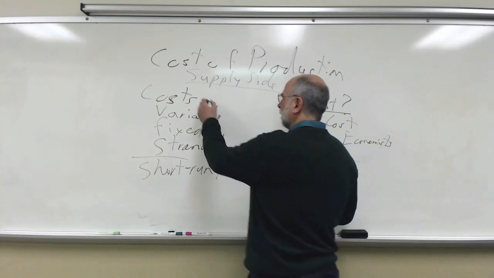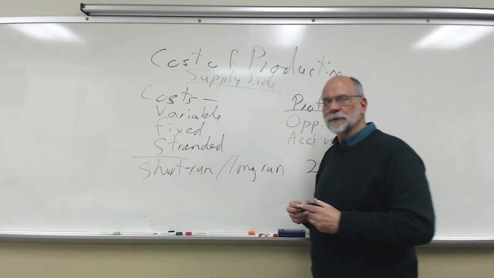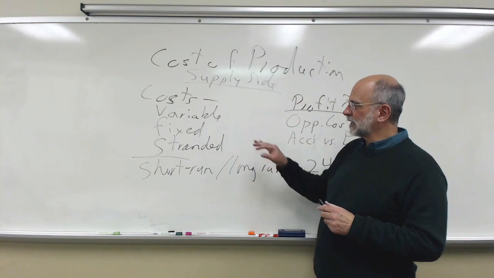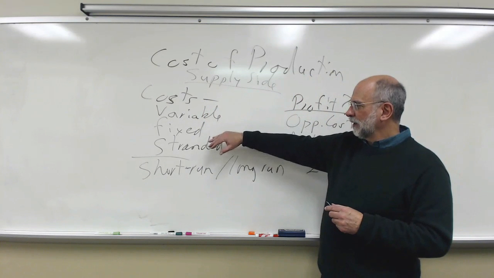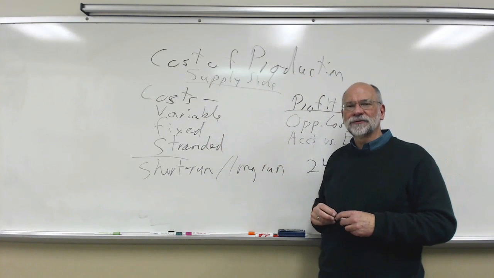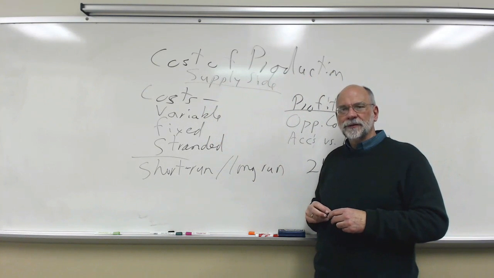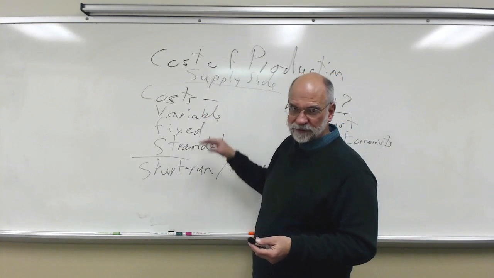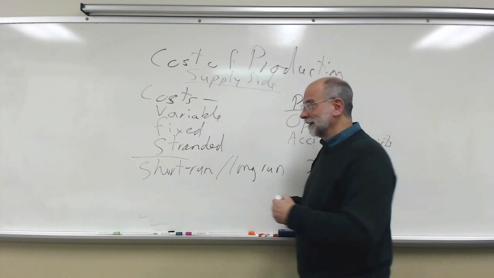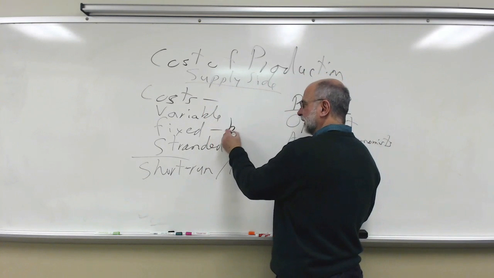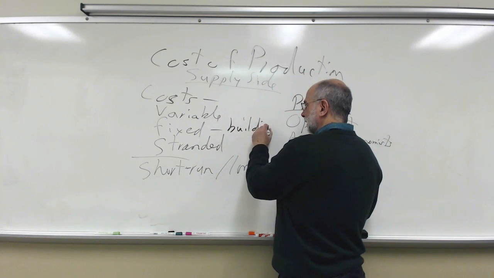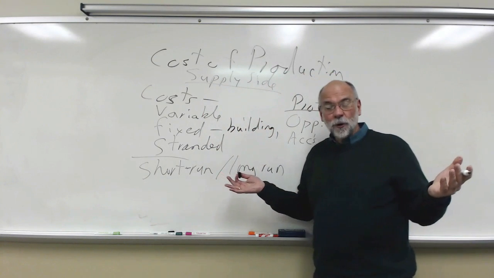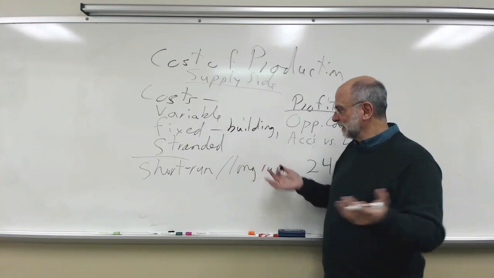So let's talk about what I think of as a far simpler way to understand cost than what your textbook does. I would argue that there are two fundamental costs that show up in an organization: variable cost and fixed cost. Let's start with fixed cost. A fixed cost is the building. It doesn't matter if you're open or closed, you're still paying for the building.